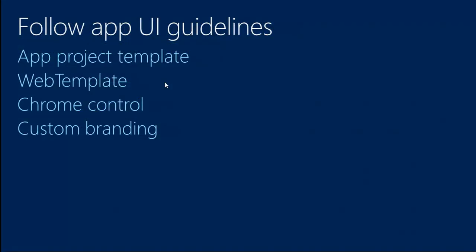Okay, last thing to talk about here is the app UI guidelines. So when we make an app, as I said a couple of times, we really want that app to look like the farm that it's a part of. And we have 4 choices for doing that. The app project template, a web template, Chrome control, or custom branding.